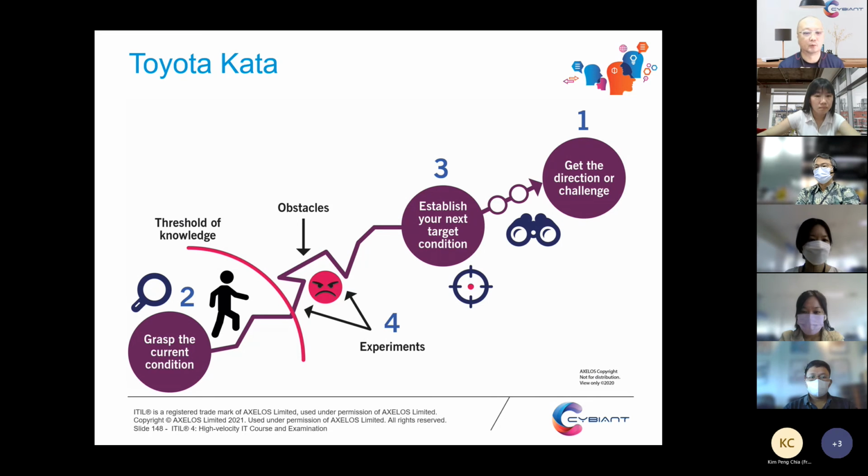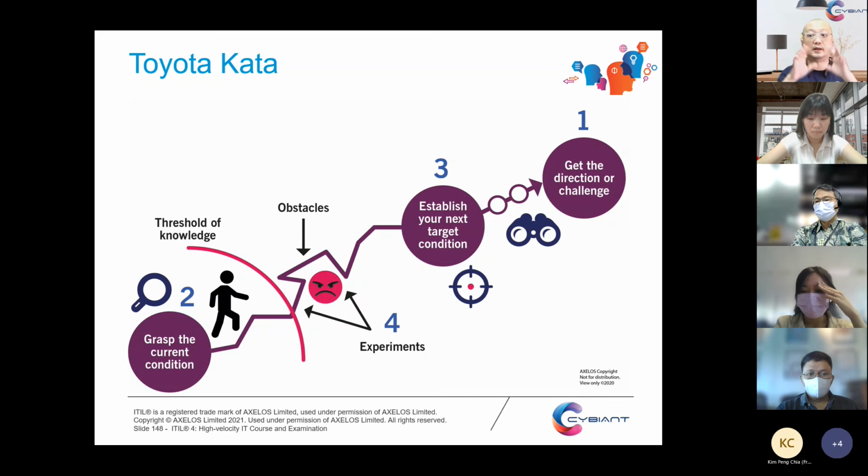We start off by first getting the direction or the challenge, understanding where we want to get to, or defining where we want to get to. Like I said, have a problem statement defined, to say that I'm going to increase customer satisfaction from 80% to 85%, a 5% increase in a time period of, say, 6 months. That is step number one. Number two, look at the current situation, the as is situation.